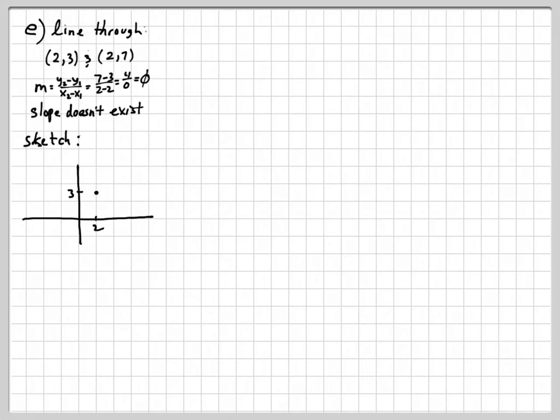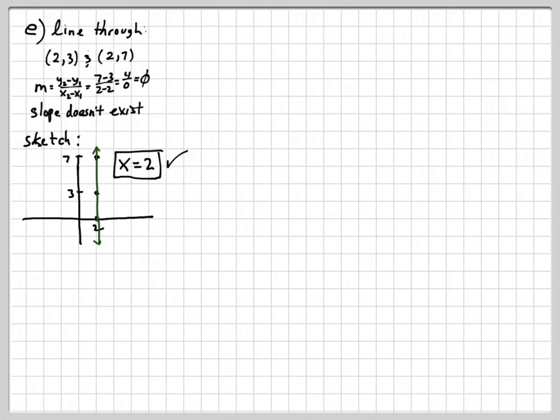If I sketch what's going on, if I sketch the 2 points and the line that goes through it, I see that it's a vertical line. Now, the equations for all vertical lines are in the form of x equal a number. And in this case, that number is going to be the point on the x-axis that the line goes through.